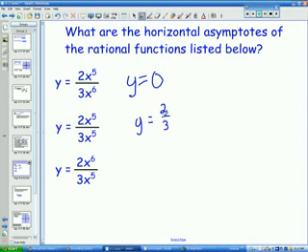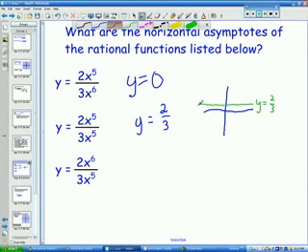And what that's going to look like on a graph, if we've got our little x and y axis here, we would have, we'll use green, a horizontal line at y equals 2/3. For this one, we would have a horizontal line, we can do that in red, right at the x-axis. That would be the y equals 0.